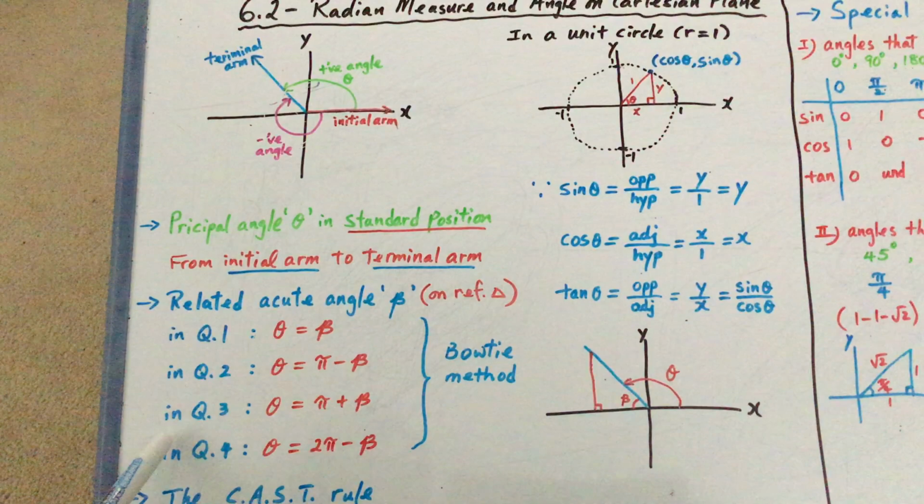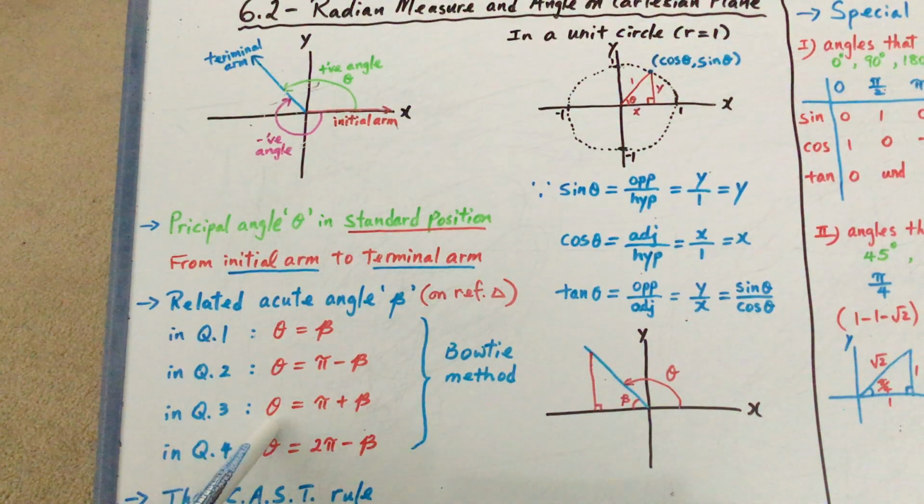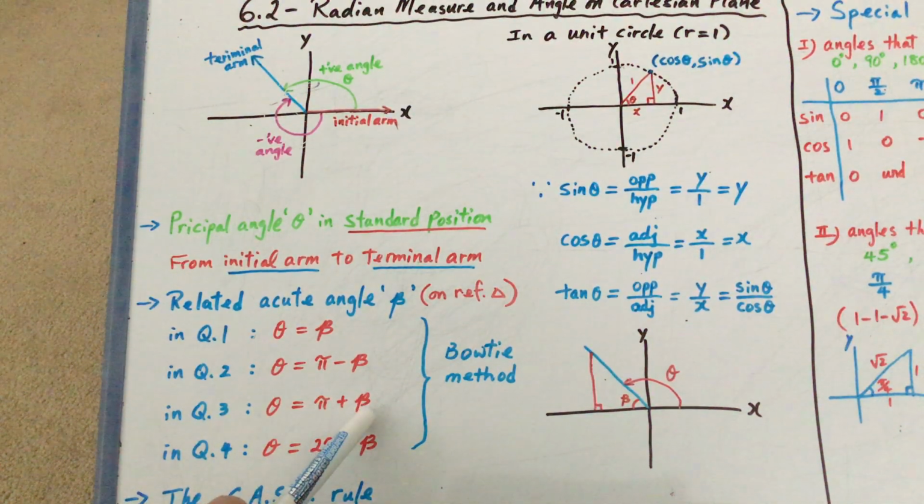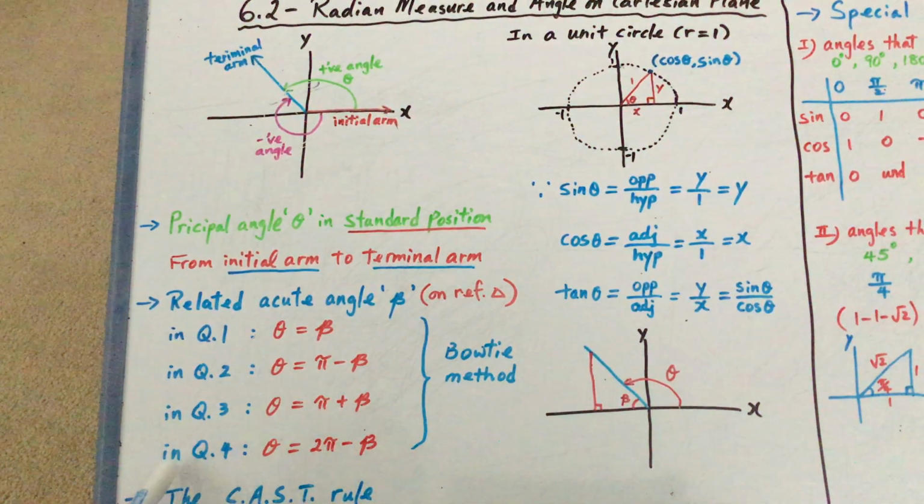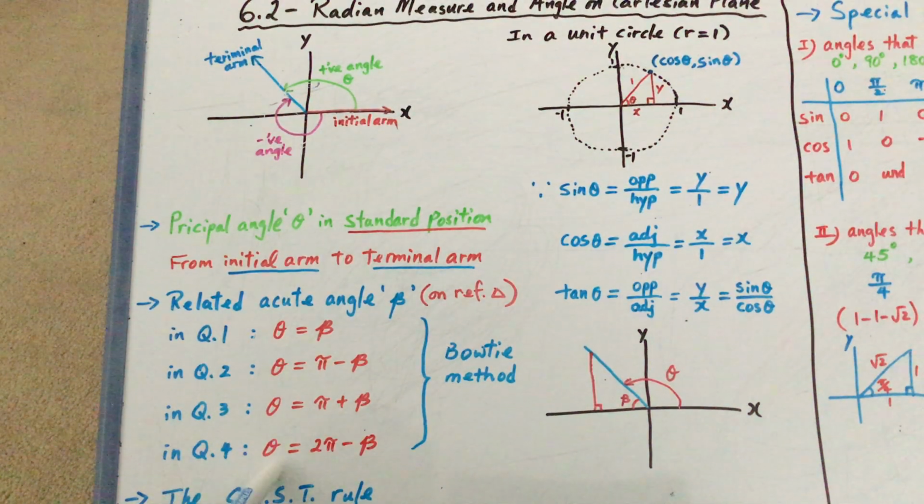And in quadrant 3, the principal angle is equal to pi, which is 180, plus the related acute angle, beta. And in quadrant 4, the principal angle is equal to 2 pi, which is 360, minus the related acute angle. All right? So these are the formulas that we go by.